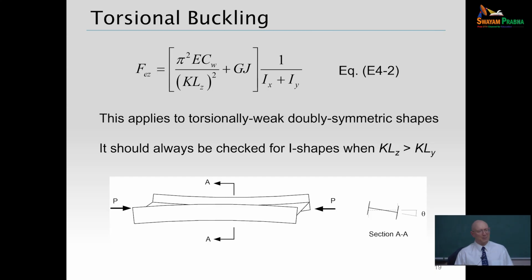So typically we just say we're going to take K equals 1 for torsional buckling, and the length is the unbraced length between the points where we're preventing twist. Now, if you had a situation where you have a detail that would tend to restrain or actually prevent warping at the locations where you're preventing twist, you could use a KZ with your LZ of 0.5.